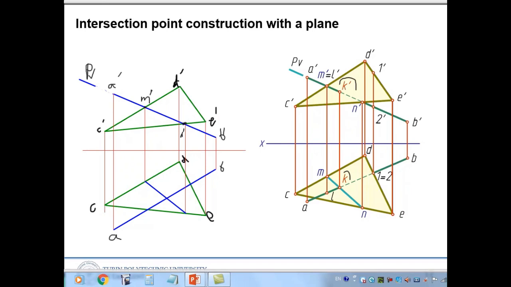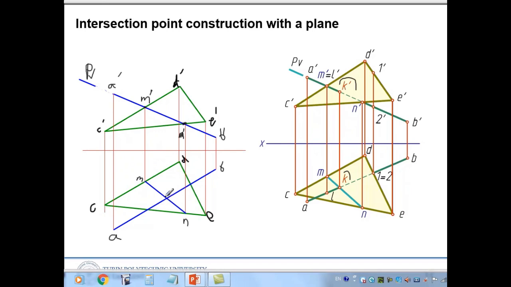Okay, so let's write down. So that is M, that is N, and we can find the crossing point K in here.